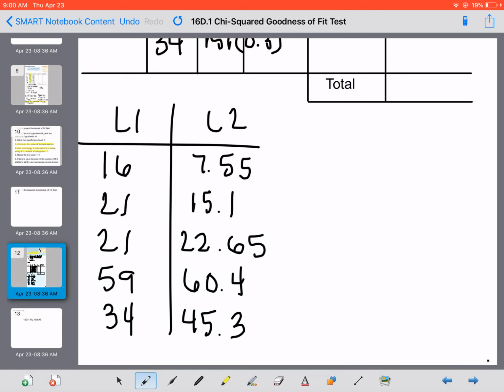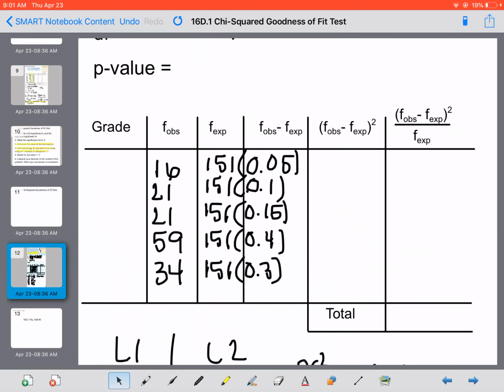And we find our chi-squared value to be 14.7. And our p-value is 0.0053.